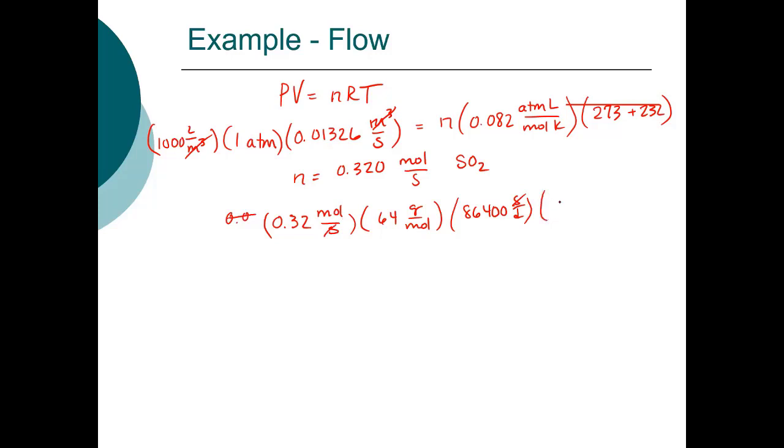And I'm just going to convert to kilograms. That's what we were asked for. And this is equal to 1,773 kilograms per day. So this is the mass of SO2 that is actually leaving the stack.